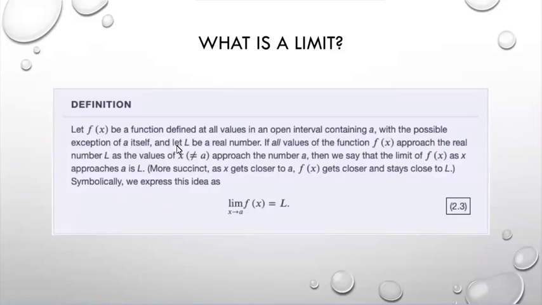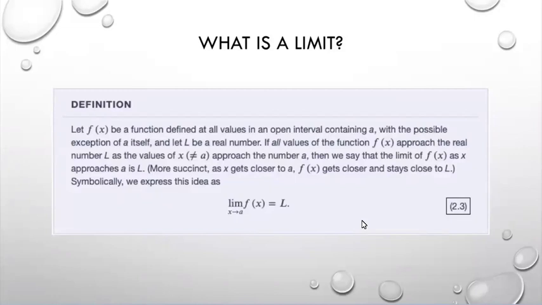And we're going to let L be a real number. If all values of the function f of x approach the real number L as the values of x approach a number a, okay, approach, we don't want x to be equal to a. We want to see what's happening with the function when it is approaching that value of x equals a.